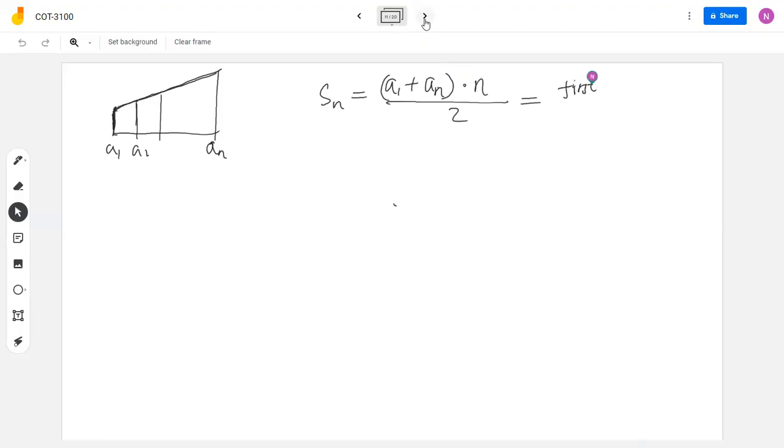Which, by the way, is also the way Gauss solved the problem.